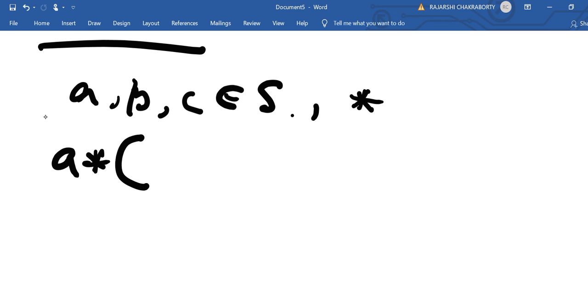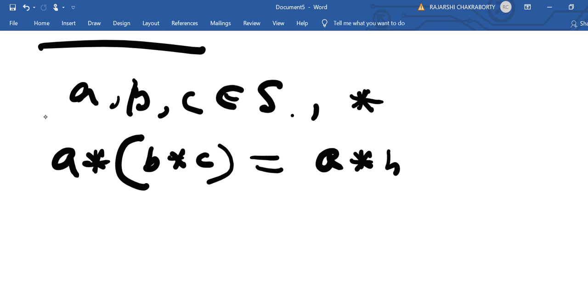A star within brackets B star C should be equal to within brackets A star B, star C.